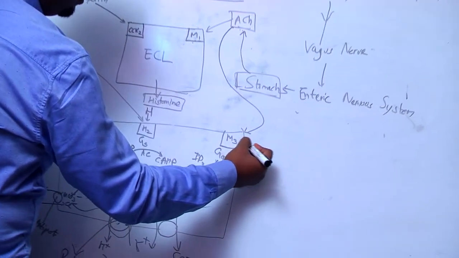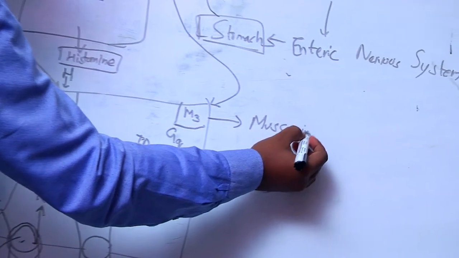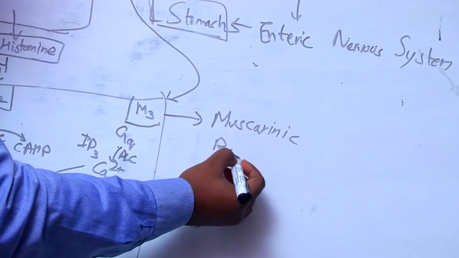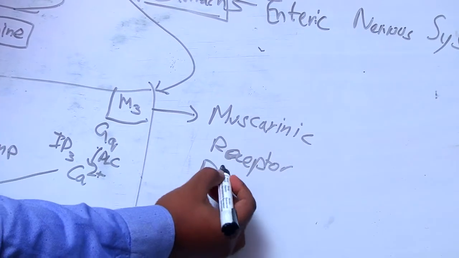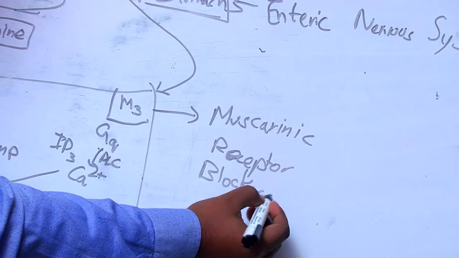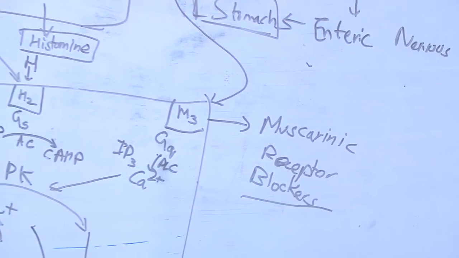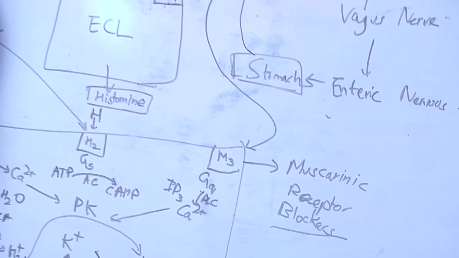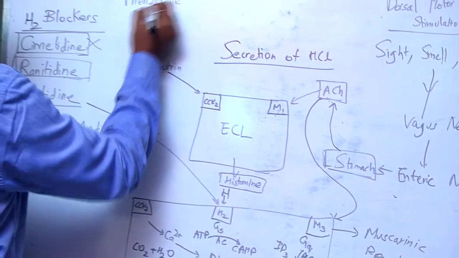These are called muscarinic receptor blockers. Mainly two drugs used nowadays, but not in the US or India as such, is called pirenzepine and telenzepine.